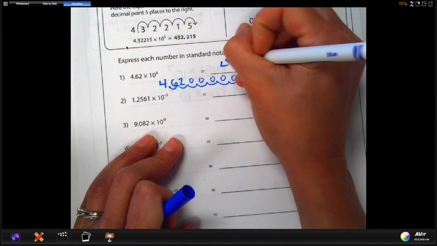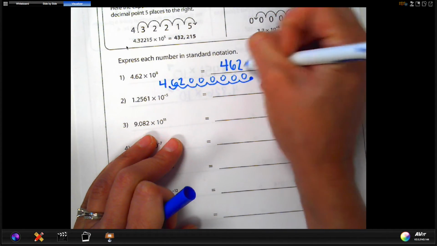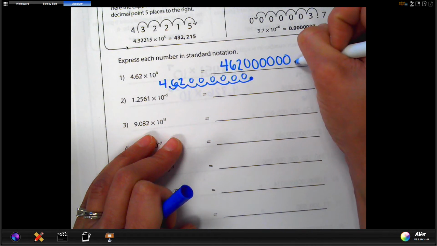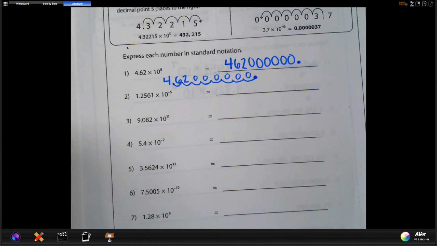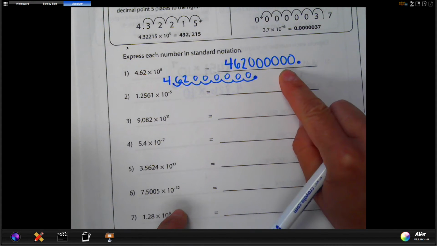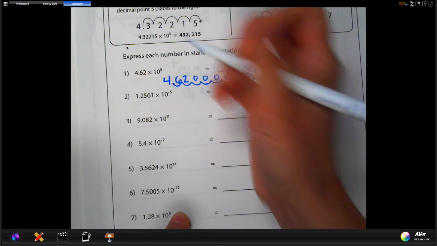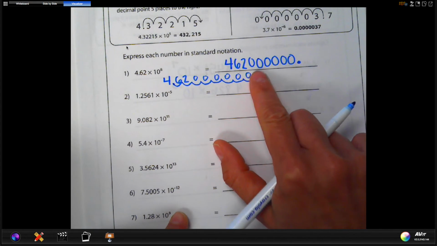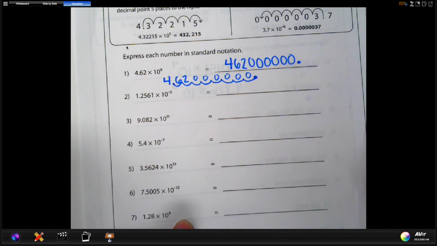So when we write our answer, 4, 6, 2, 1, 2, 3, 4, 5, 6 zeros, and then put your decimal at the end. Is that a big number? Is that a number you would want in your bank account? Yes. That positive 8 should indicate that this is a big number. All right, let's move on to number 2.